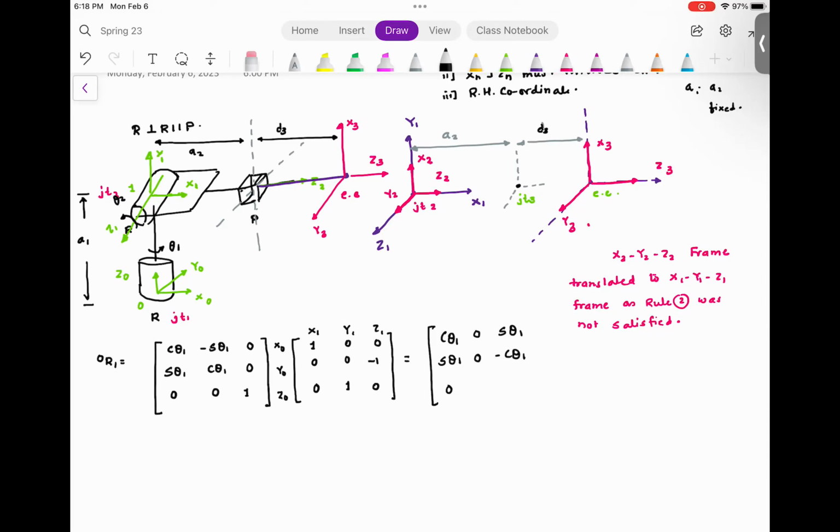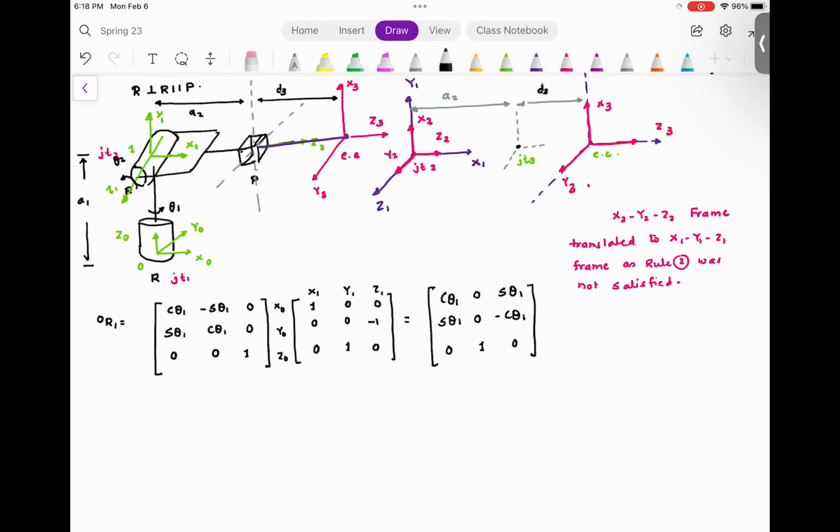This is 0. Then third row, 0. Are you with me so far? Now with this, I need to find out 0h1. What happens in 0h1? In 0h1, we copy this matrix as is.